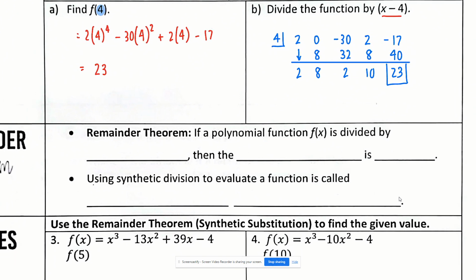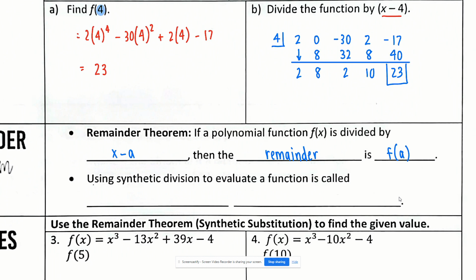It says, if a polynomial function f of x is divided by x minus a, then the remainder of doing that synthetic division is f of a. The remainder is the solution of f of a.